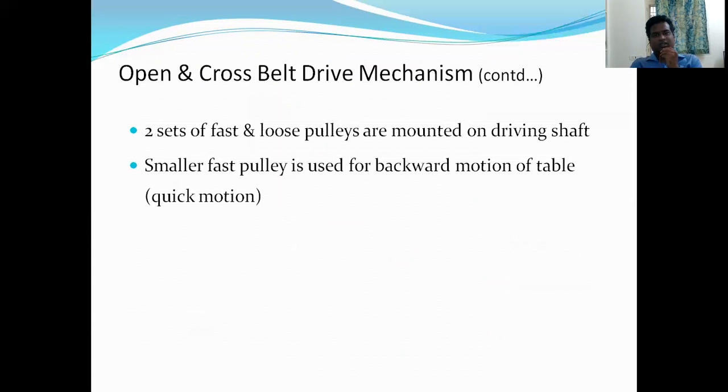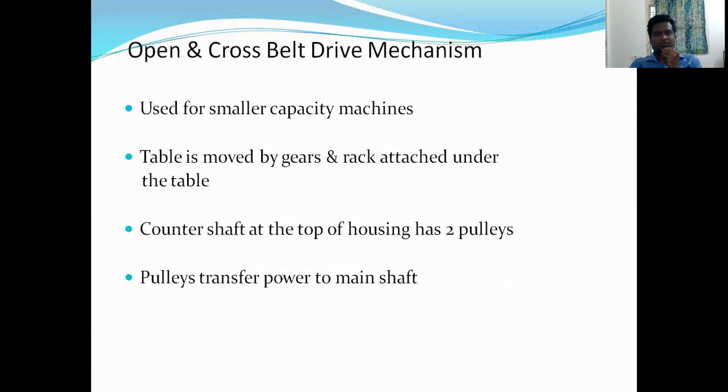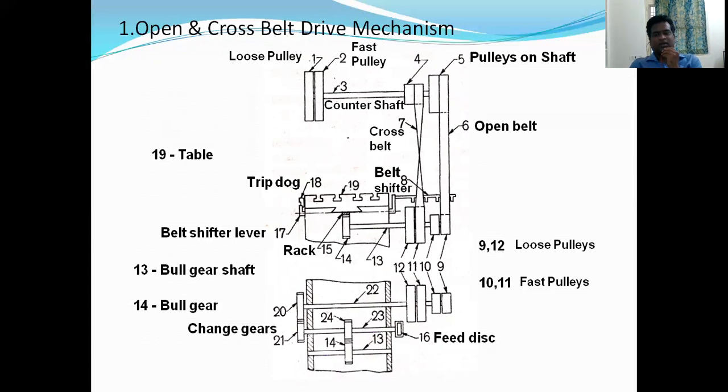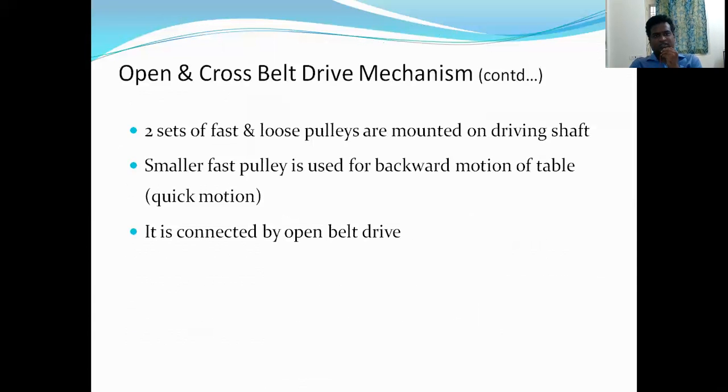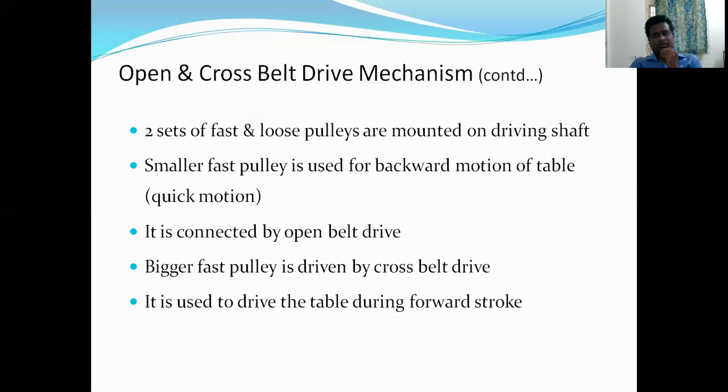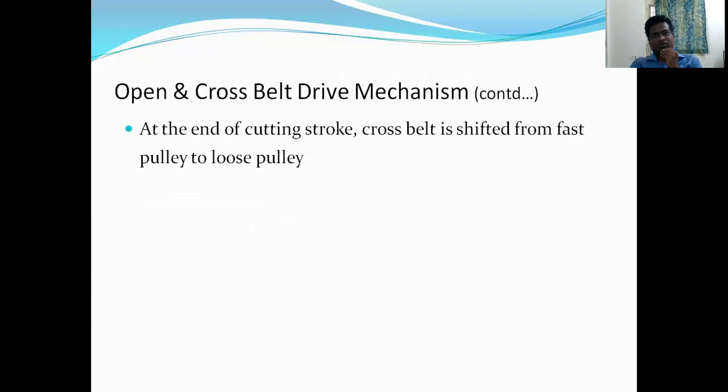The smaller fast pulley is used for the backward motion of the table, the return motion, and it is driven by the open belt drive. The bigger fast pulley is driven by the cross belt drive. It is used to drive the table during the forward stroke.